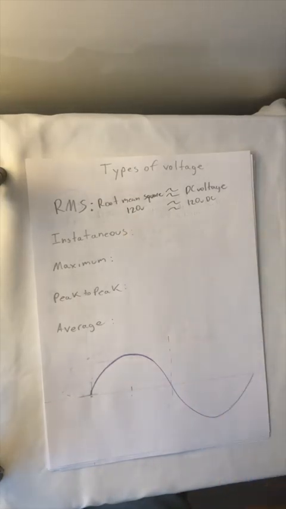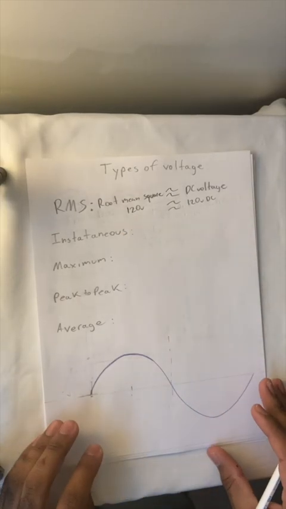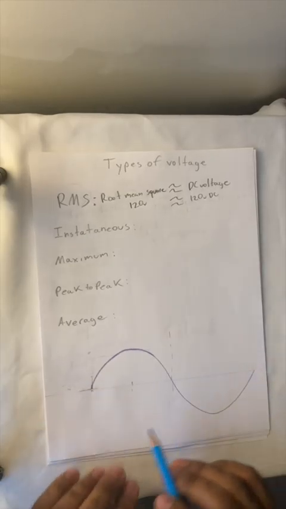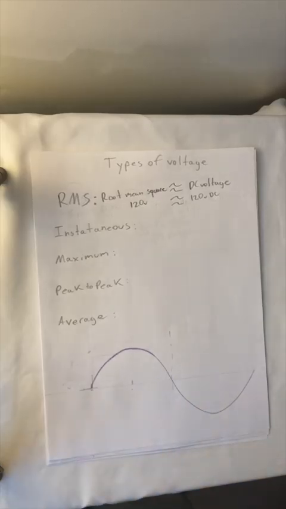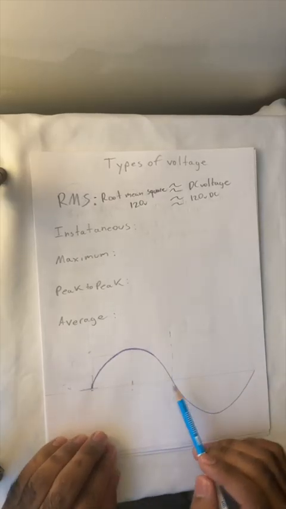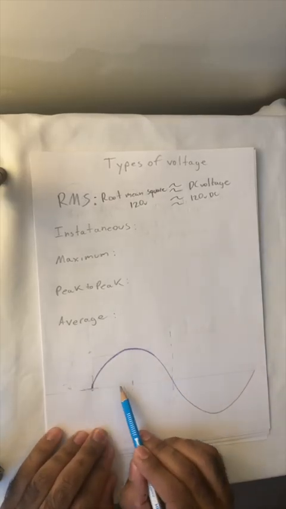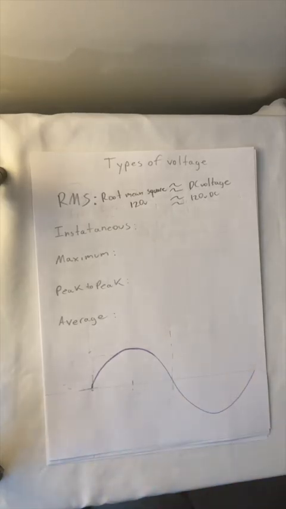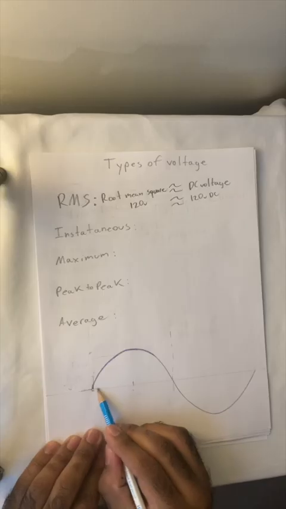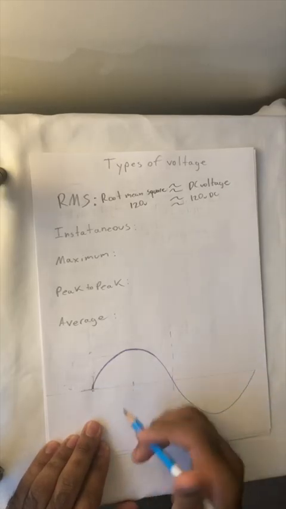Instantaneous voltage is the voltage at an instant. If we refer to our sine wave of voltage, we can pick off certain instances with regards to time. This is going to be our x-axis, which represents our instances.